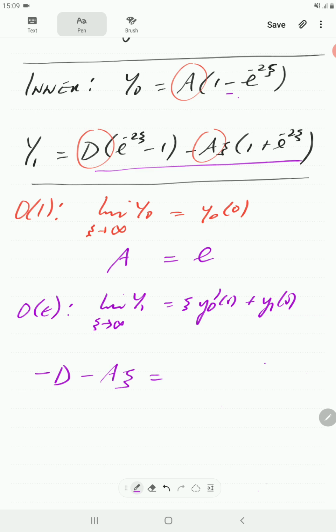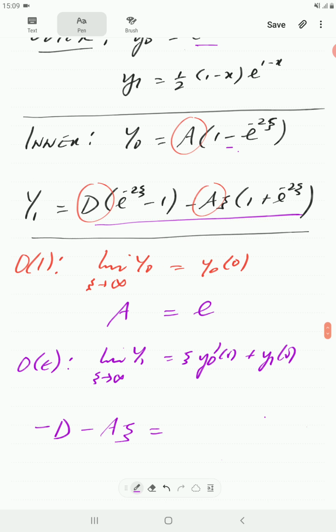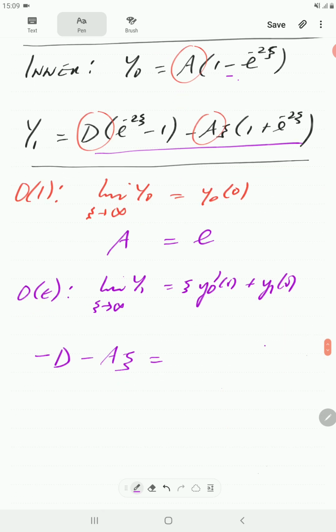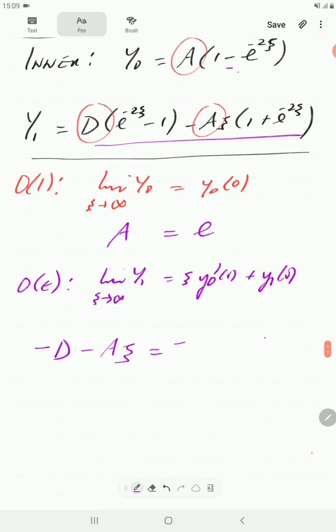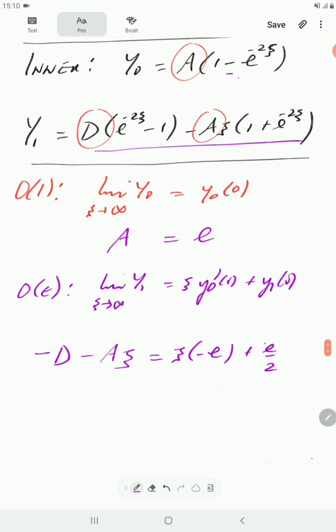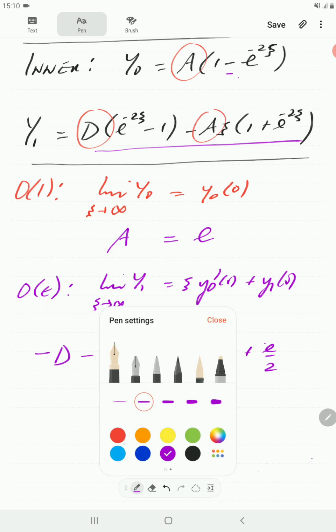On the right hand side, derivative of y naught is the negative of this. Then if we plug in 0, that's going to give us xi times negative e. Then y1, if we plug in 0 here, is going to give us e over 2. Okay, now remember a has already been determined.